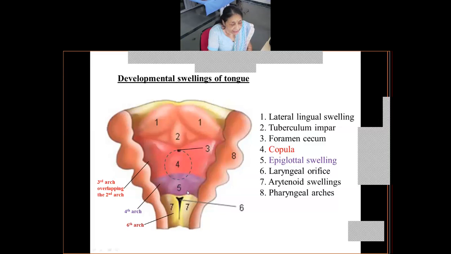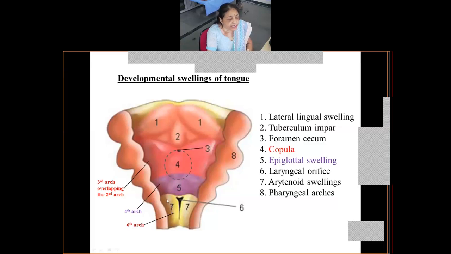Now there is another swelling, the caudal part of the hypobranchial eminence, known as the epiglottic swelling. From that epiglottic swelling, the epiglottis, the cartilage of the larynx, will develop.